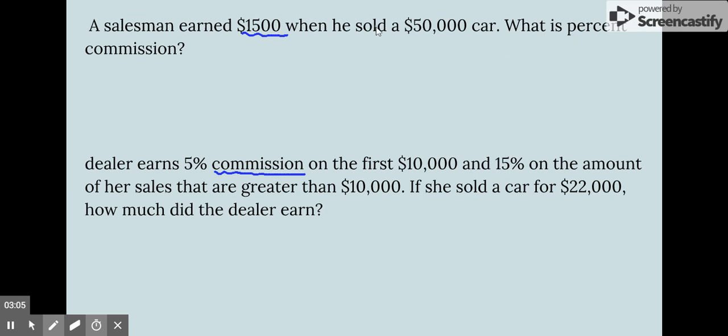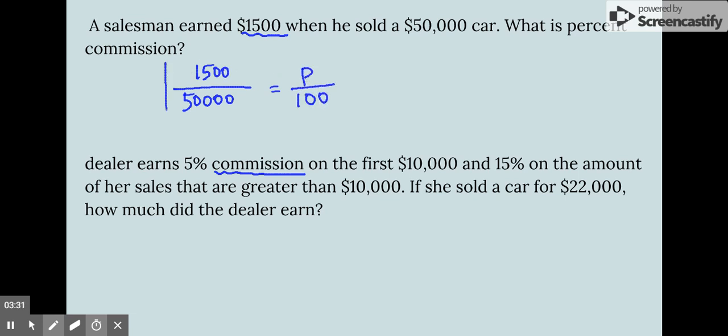So when he sells $50,000, he's going to earn $1,500. So we're looking for the percent, like 1,500 out of $50,000, right? That's the definition of percent. It's going to be part to whole, and we're looking for the percent.